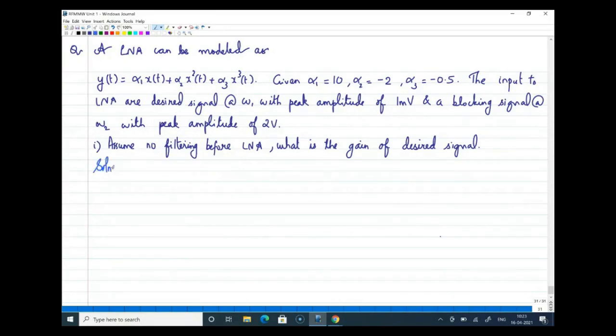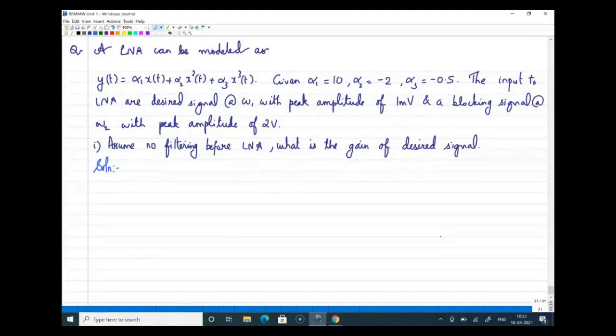Let us try to understand this question and solve the first part, and then we can move on and discuss the second part. Given a low noise amplifier modeled using a third order nonlinear polynomial, and the coefficients alpha 1, alpha 2 and alpha 3, there are two signals at the input.